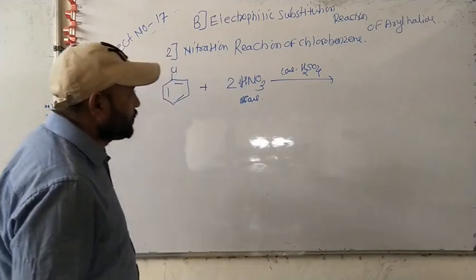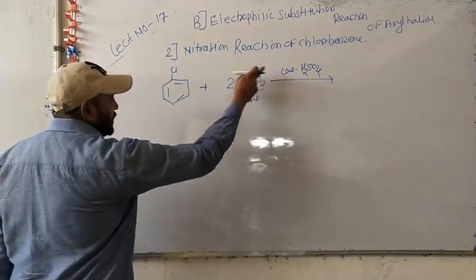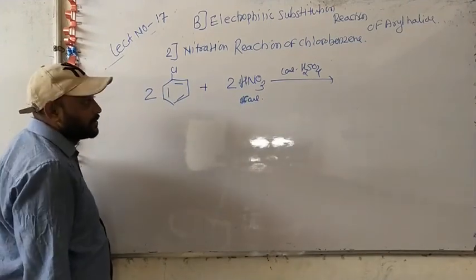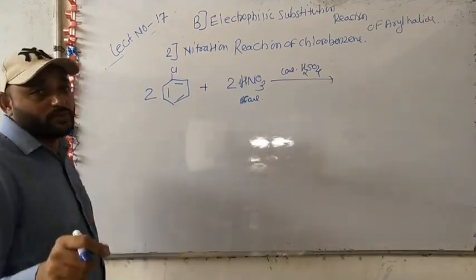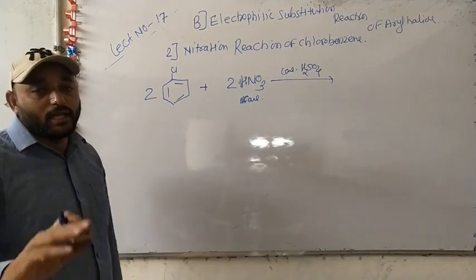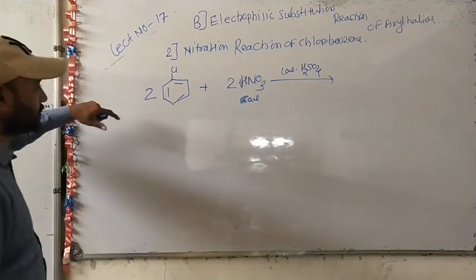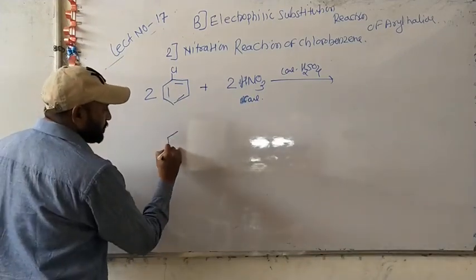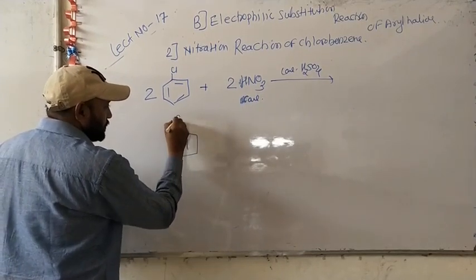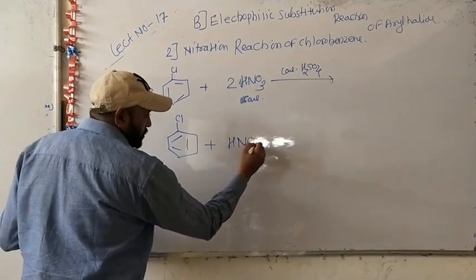So what is the product formed? When this nitrating mixture is added to chlorobenzene, we take chlorobenzene 2 times. One electrophilic substitution reaction occurs at ortho position and second electrophilic substitution reaction occurs at para position. Look at it. We first take chlorobenzene plus first HNO3.